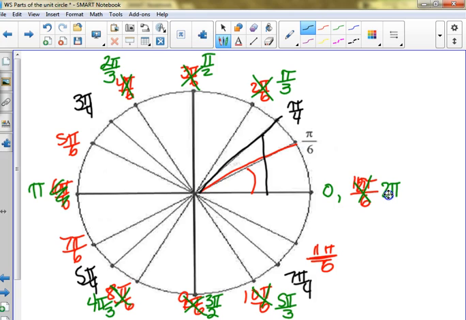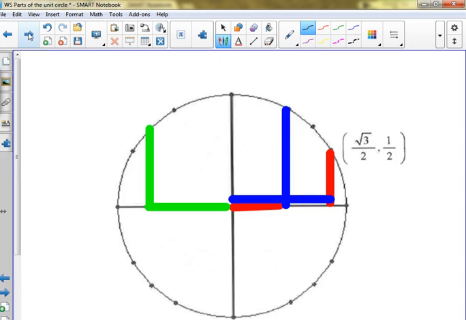Can you do the radians pretty quick now? Maybe? Any questions? I'm going to fill the whole unit circle in just a second.